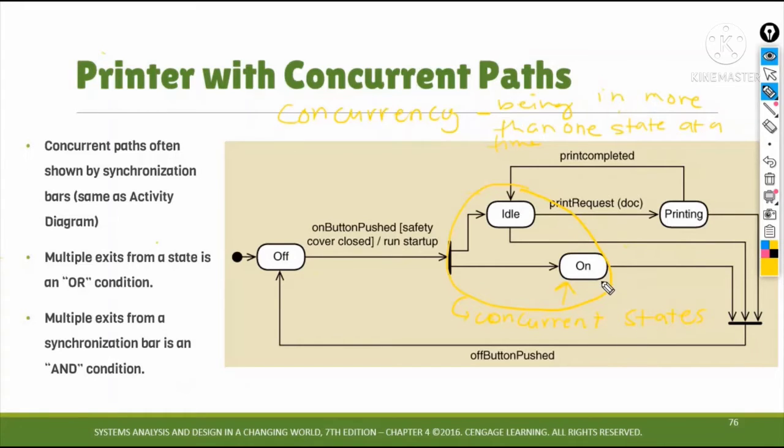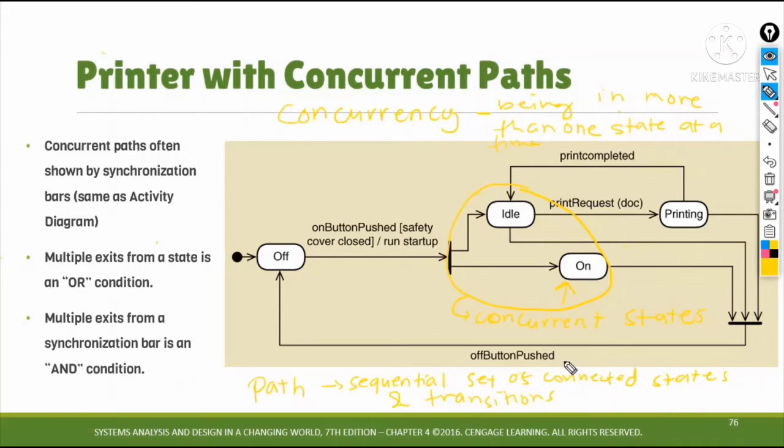Another concept that is important is the idea of a path for the object. A path is a sequential set of connected states and transitions.